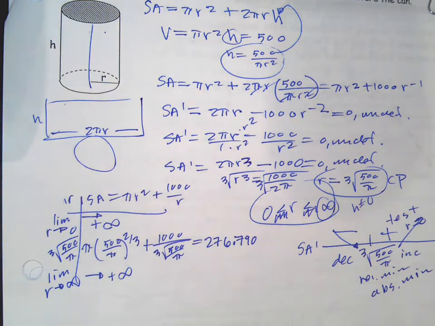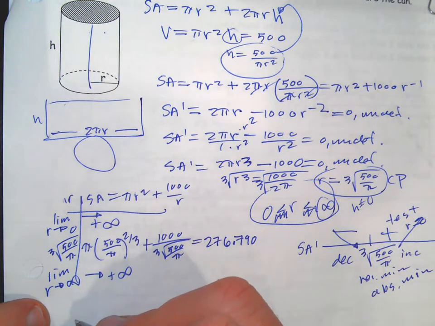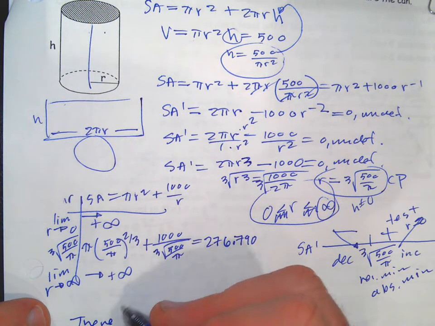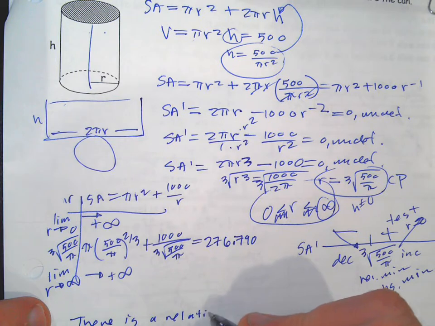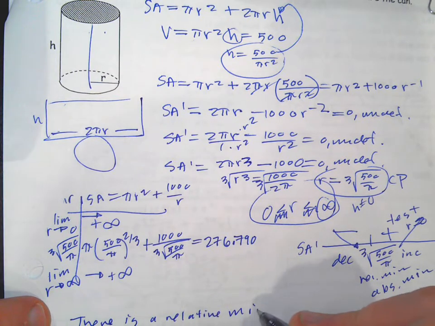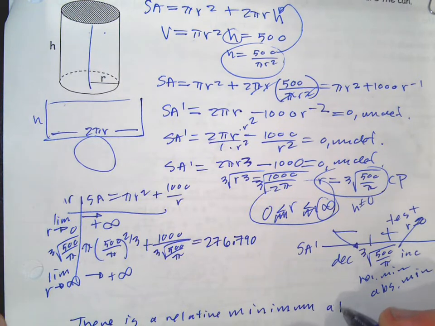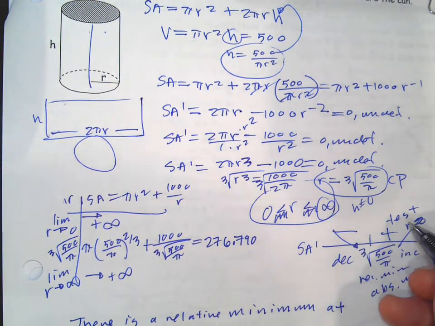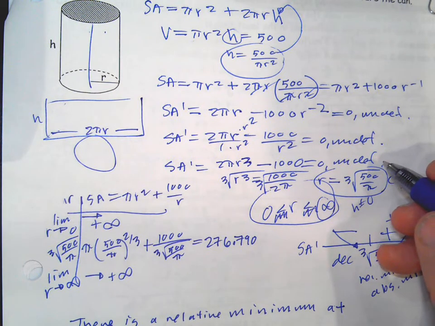So we just got to figure out how to write this answer. We got to justify. So we say there is a relative minimum at, so let's find the height and the radius. So we still got to find the height if we do this, which is up at the top.